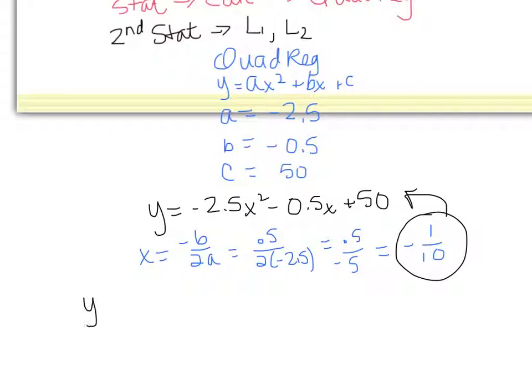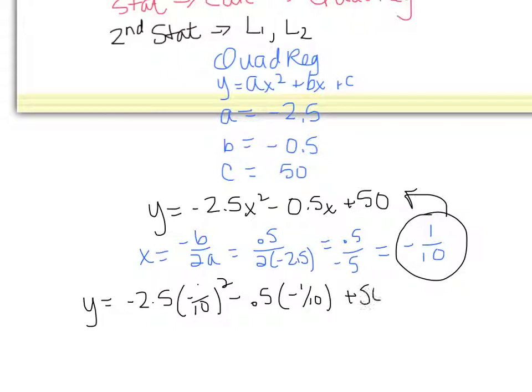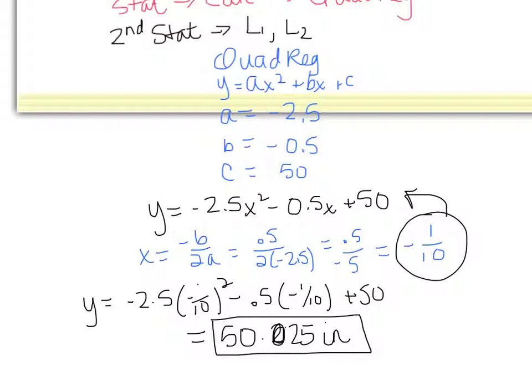I end up with y equals negative 2.5 times negative 1/10 squared minus 0.5 times negative 1/10 plus 50, and when you do that, you end up with 50.025, and this was all done in inches if you look at that original table. So you'll notice that your ball actually went a maximum height of a little bit over 50 inches.